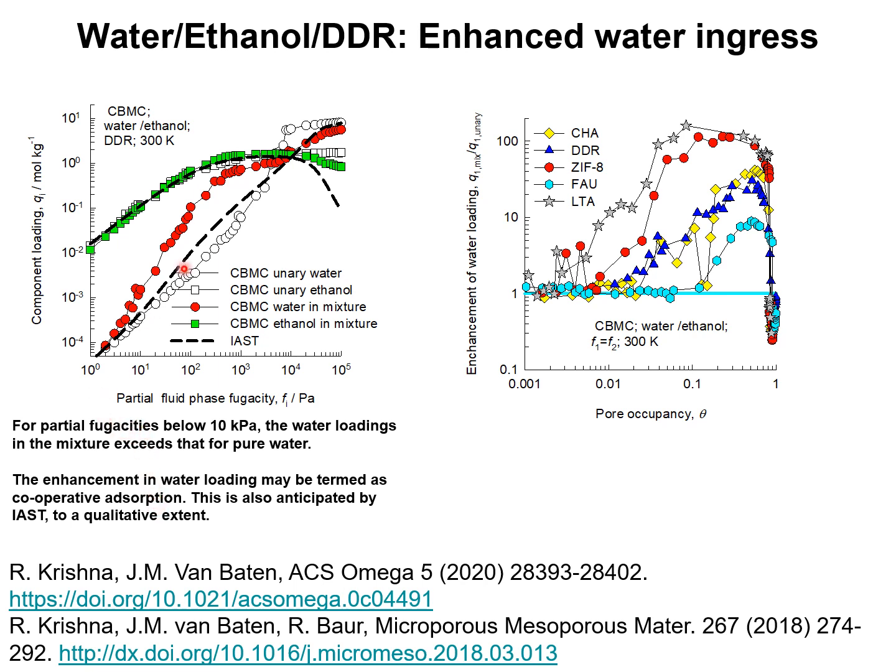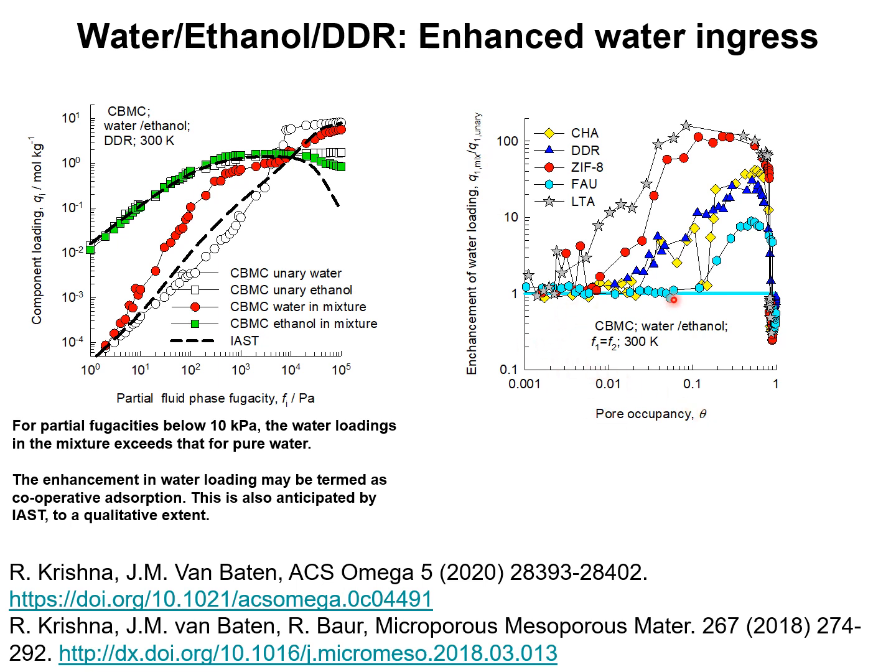And this phenomenon is observed not only for DDR zeolite, but for chabazite, zeolite, faujasite, and LTA. In this graph, I plot the enhancement in the water loading, that is the component loading for mixture adsorption, divided by the component loading for the corresponding unary system as a function of pore occupancy.